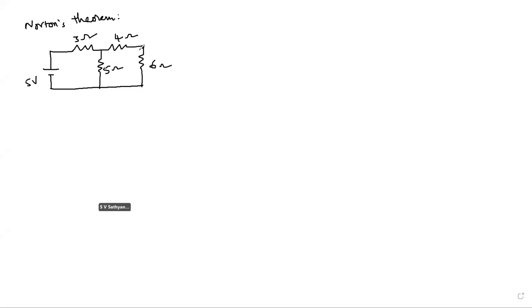You need to find the amount of current which is passing through the 6 ohms resistance.